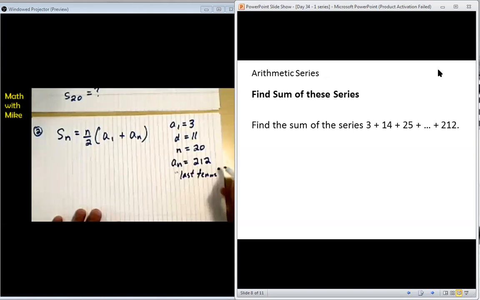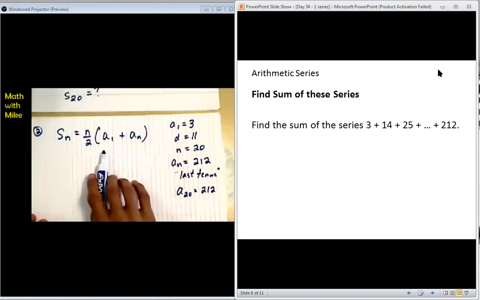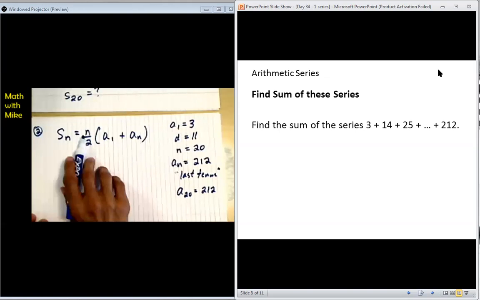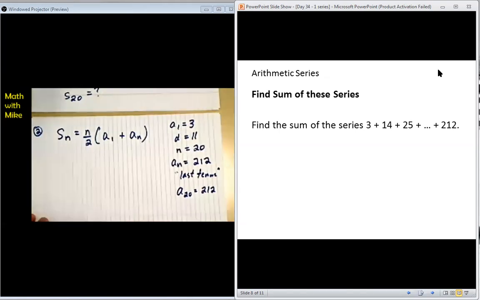And because we know n, we can say A20 is equal to 212. But the point is, we got our first term, we got our last term, we figured out what n is. We're good to go.